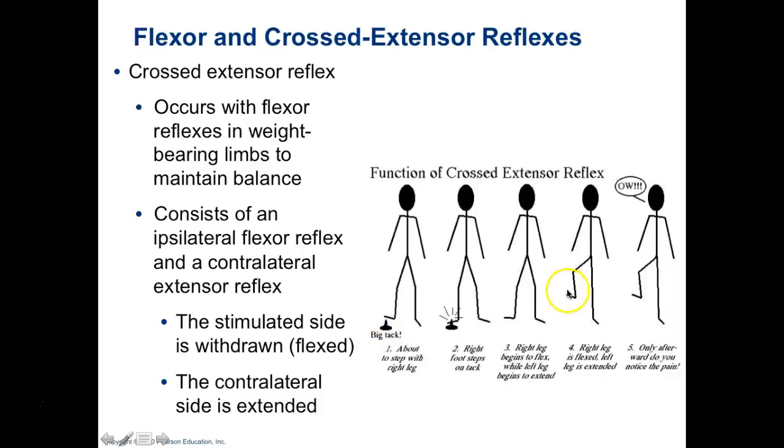So we're going to flex our limb to pull it away like you're seeing here. But it also causes a contralateral reflex in which we are going to extend this left limb here. I hope I'm using the right side here, where we're going to extend that in order to be able to pull that flexed limb away.